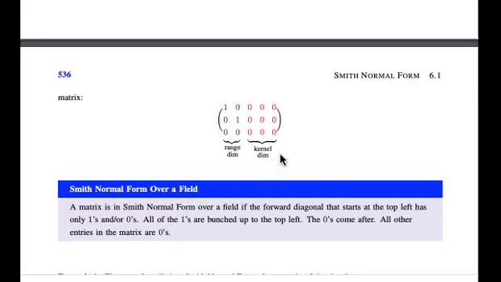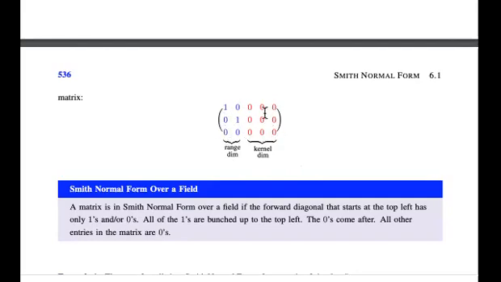The kernel dimension, well, what's heading off to 0? Quite literally, E3, E4, and E5 are heading to 0. And that's the kernel. The kernel dimension is the span of those guys right there, which is 3. So we can actually get the dimension of the kernel and the dimension of the range just by counting numbers of columns.